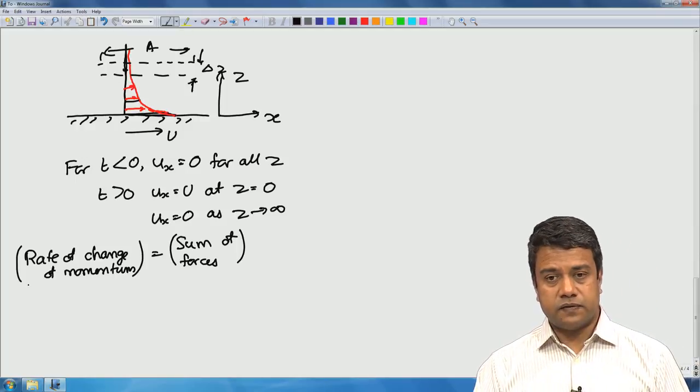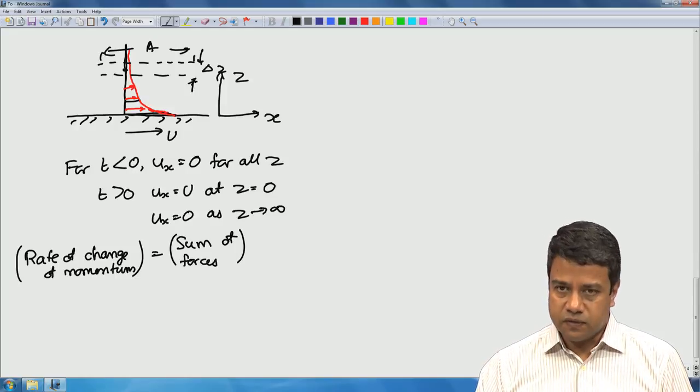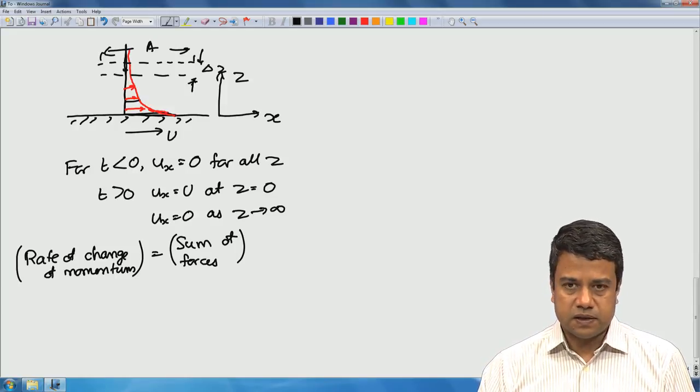That is Newton's law. Rate of change of momentum within this differential volume is equal to the sum of all the forces that are exerted on this differential volume.